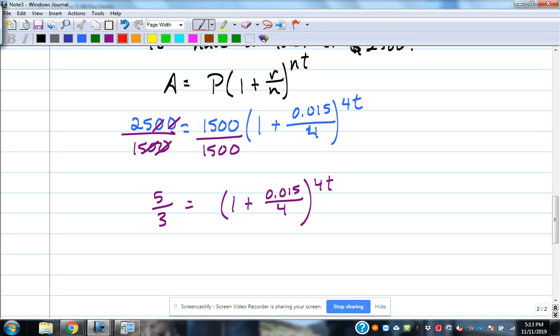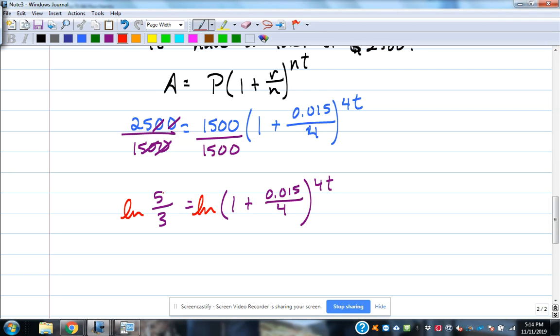Absolutely. Because the bases are not the same on both sides, right? I got a 5/3 on one side, and definitely that stuff right there is not a 5/3. It's something else. So we got different bases. So what did we use when the bases were different on each side? We used a natural log.